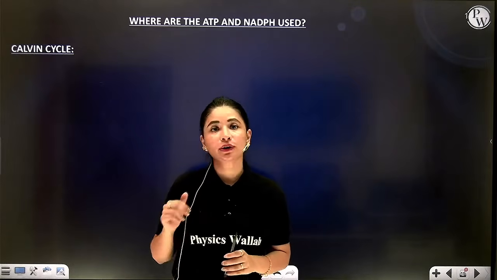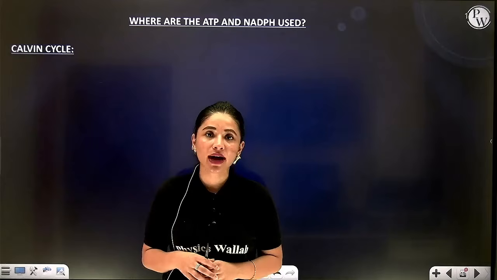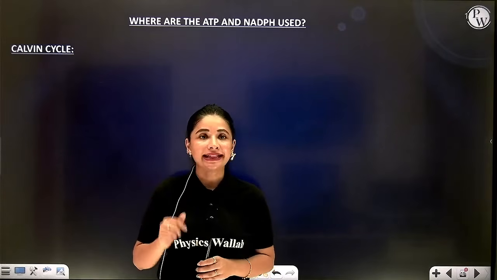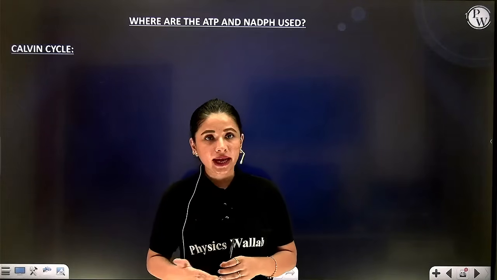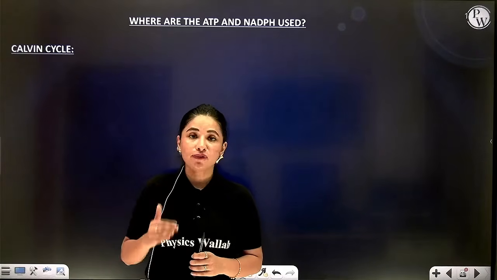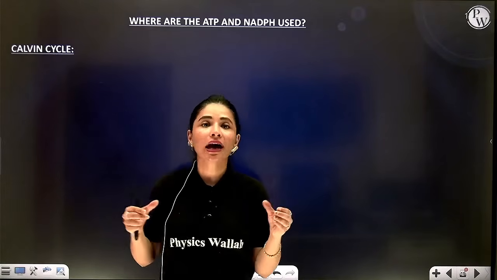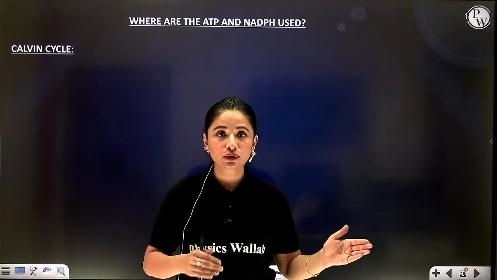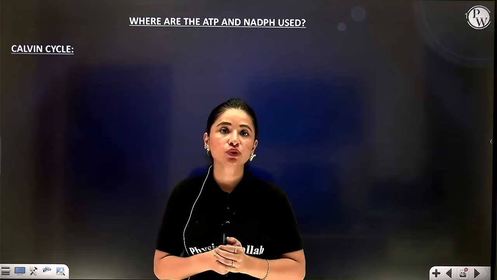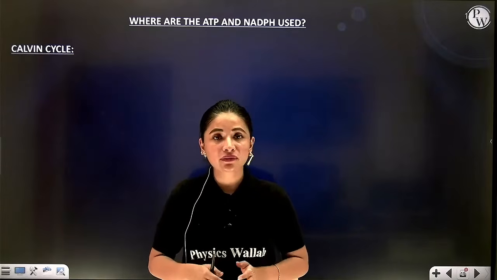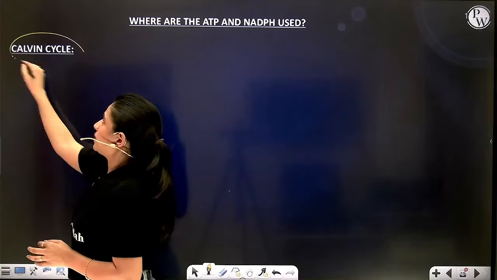This fellow Calvin was working on green alga by using the radioactive isotope of carbon, that is C14. With the help of C14, Calvin along with his co-workers explained the entire pathway of how CO2 is converted into glucose, and the name of the cycle is Calvin cycle.